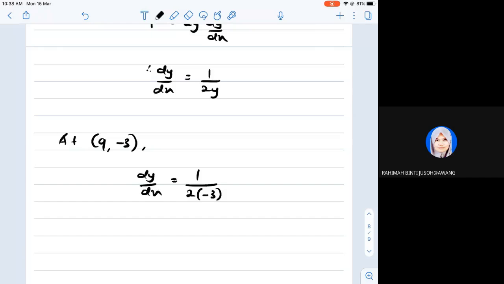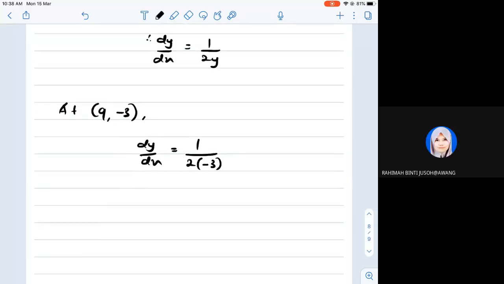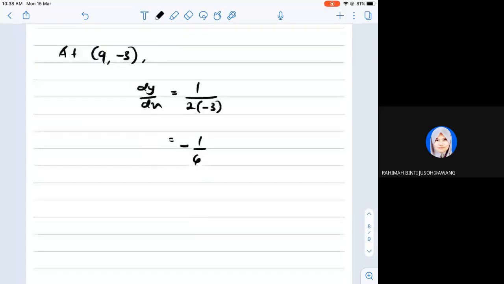Macam tu. Okay, koordinat x tak perlulah sebab dia tak ada x pun dalam equation ni. So no need for you to substitute 9 lah. Boleh faham? Understand guys? Okay, so now what happened? Dia jadi apa ni? Equals to negative 1 over 6, isn't it? Macam ni kan? Okay, so ini adalah kita punya dy dx.